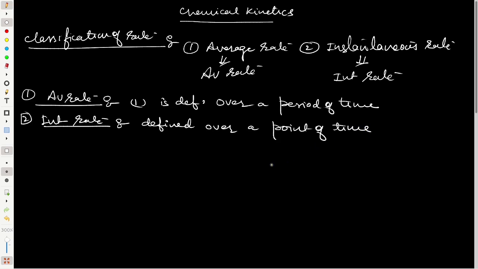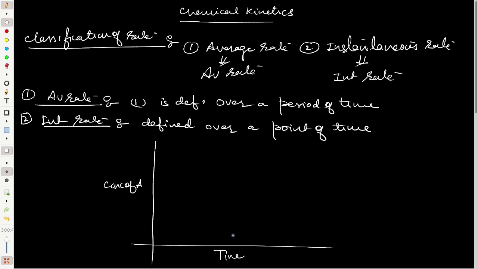For better understanding of the average rate and instantaneous rate, we should draw a graph. Suppose that here we have concentration of substance A and here we have time. If we draw the graph, then we get this type of graph.